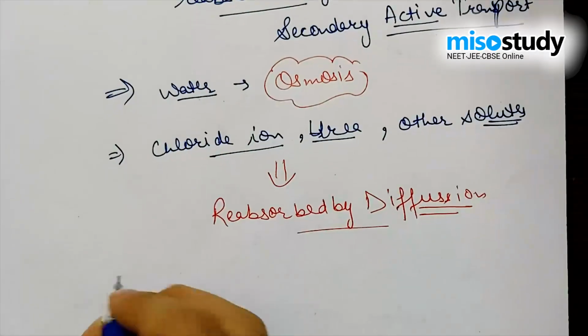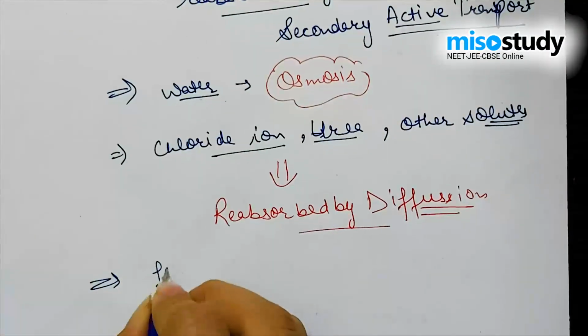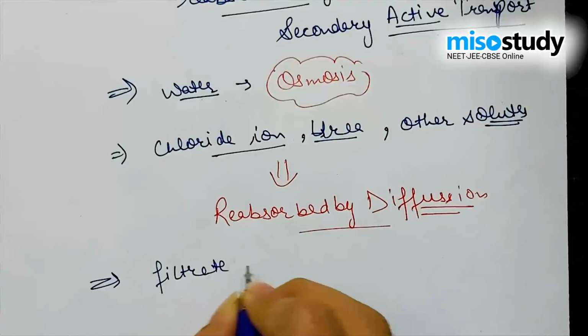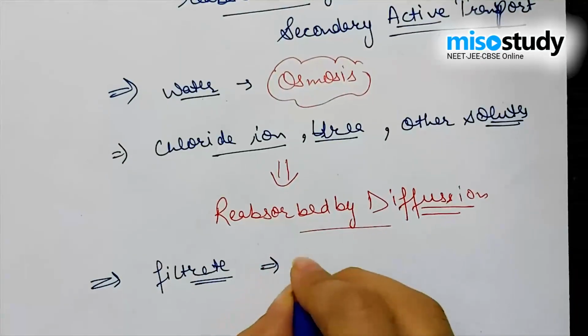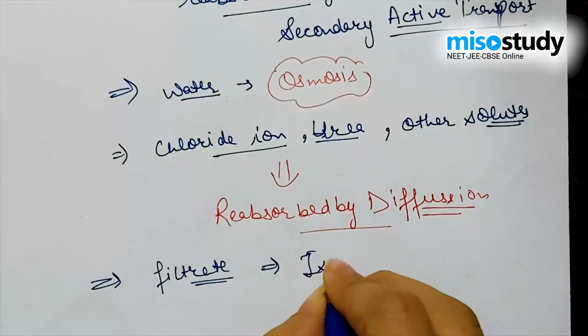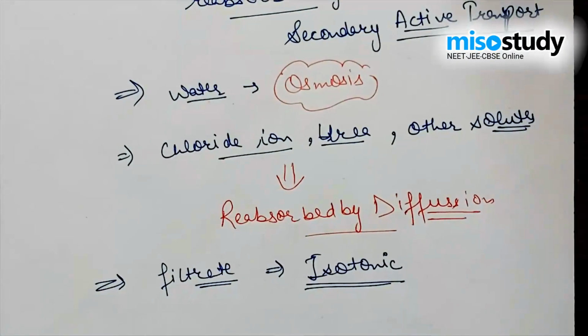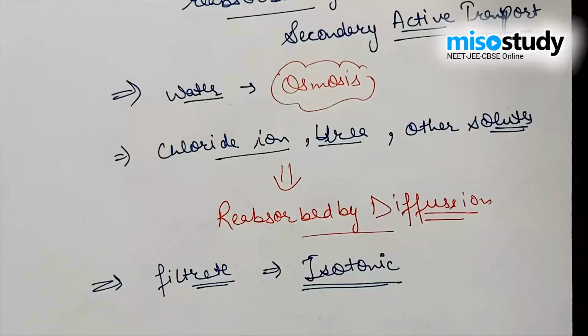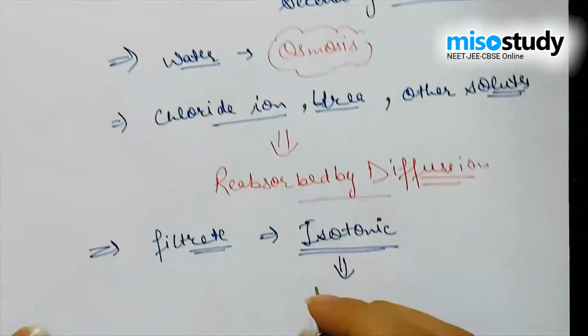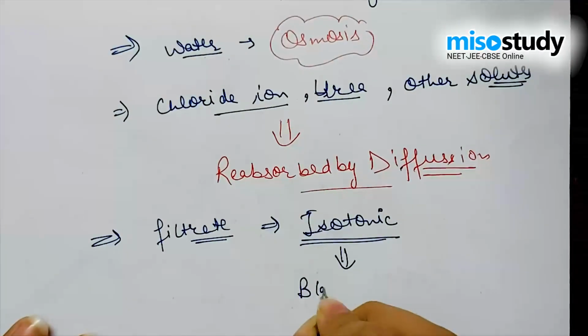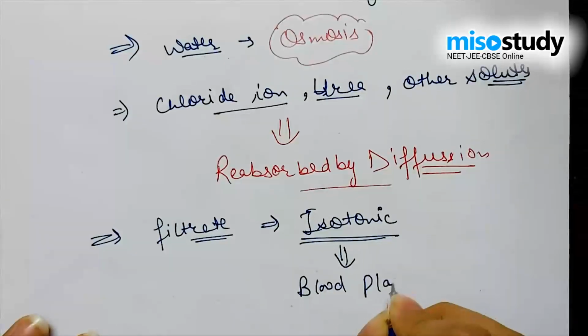So the filtrate is left isotonic, meaning the osmotic pressure or concentration is the same between both solutions, compared to the blood plasma.